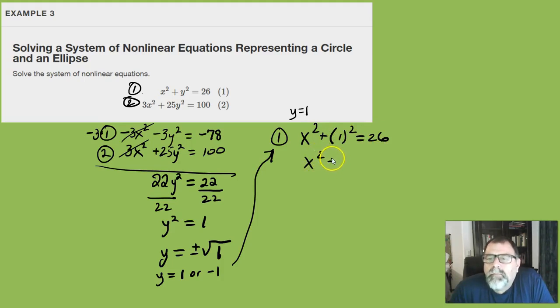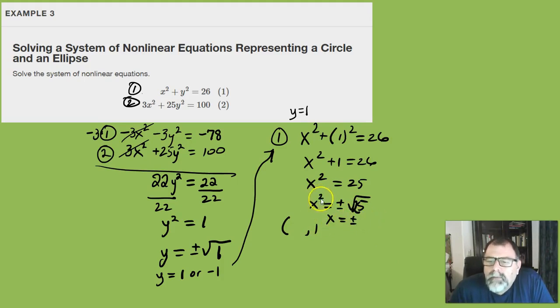So x squared plus 1 equals 26. Subtract the 1, 25, and then square root it. So if y equals 1, x could be the square root of 25, which is plus or minus 5.